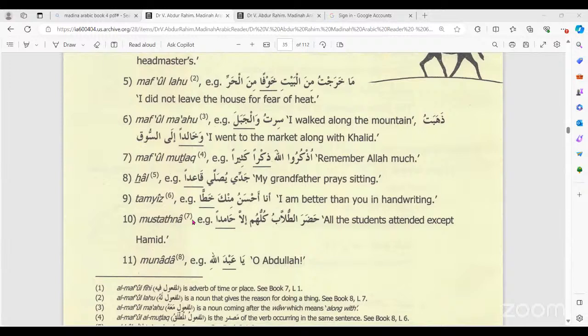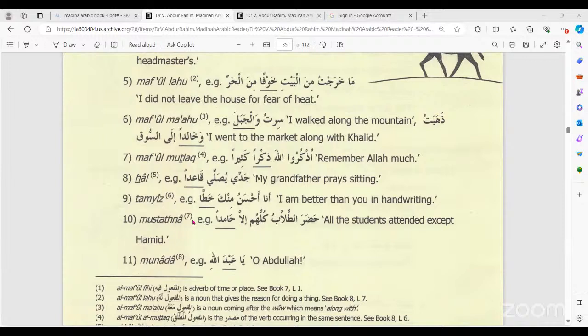This waw, which is coming, comes with a noun, and the noun which comes after it will end with a fatha. Sirtu wal jabala. What this means is that the verb and this noun are accompanying each other.